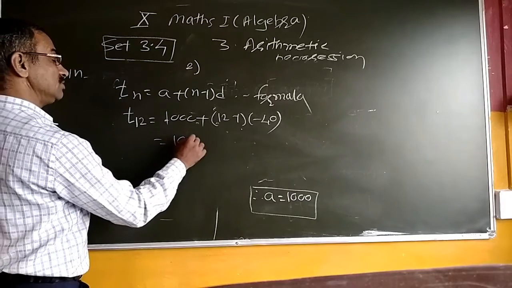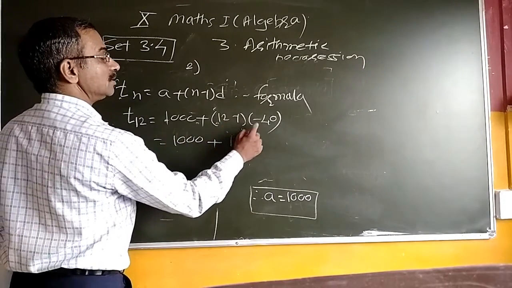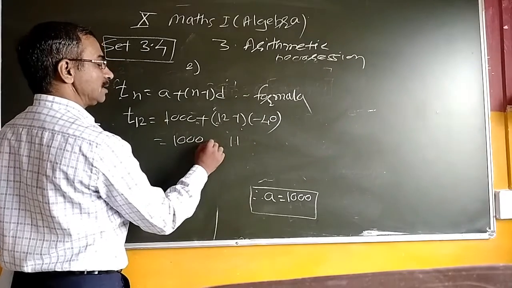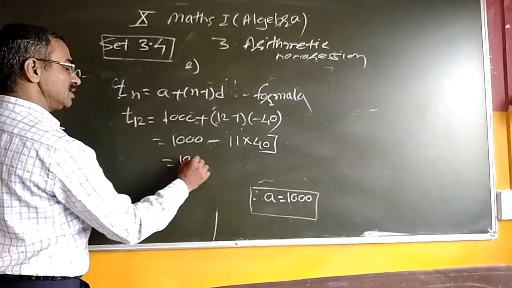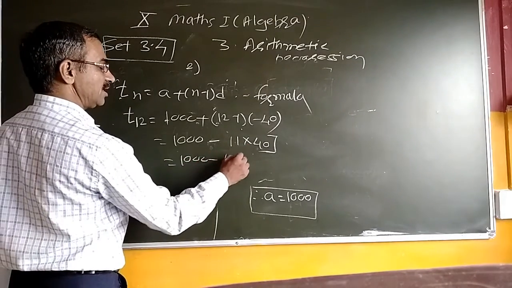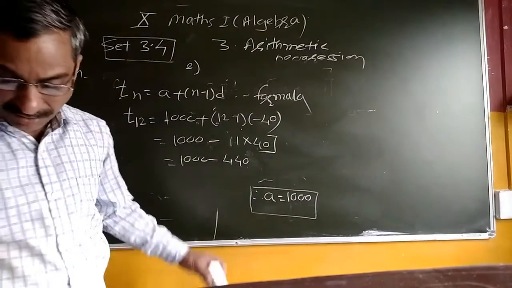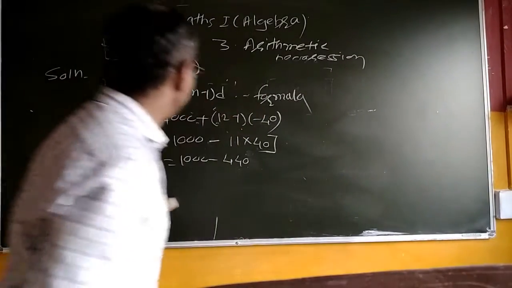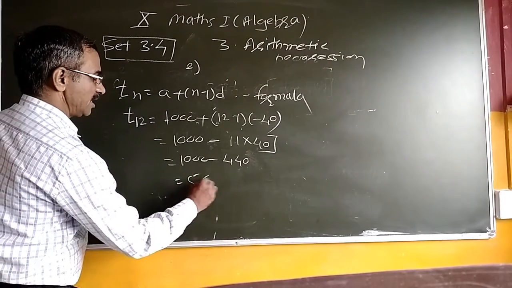So 1000 plus 12 minus 1, 11. Plus minus will become a minus, into 40. Again 1000 minus 440. So by subtraction, we will get the value 560.